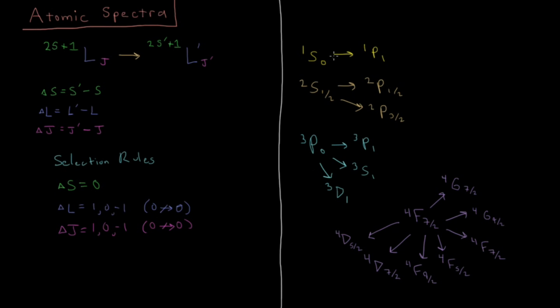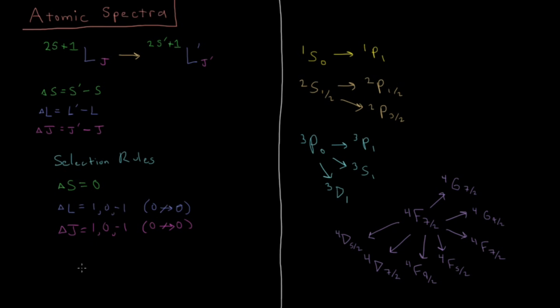Okay, so you see, depending on what our term symbol is, we can have quite a lot of possibilities for what other electronic states it can transition to based off of their term symbols as well. So it's just something you can find out for a given term symbol: what the values of S, L, and J are, and then list out all the possibilities and see if they are valid term symbols according to the rules of term symbols.